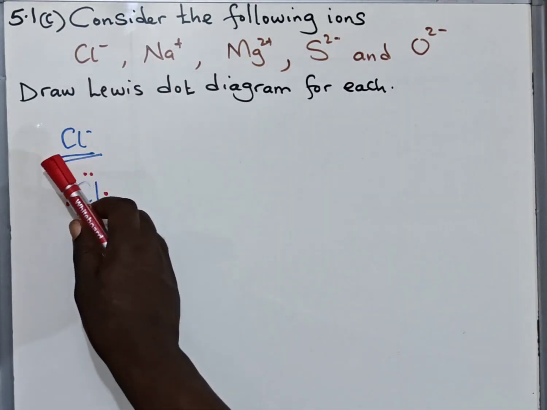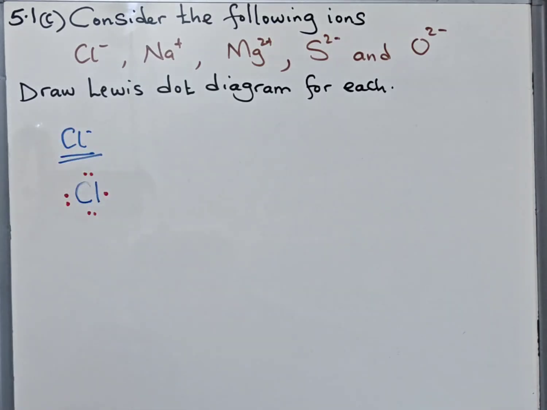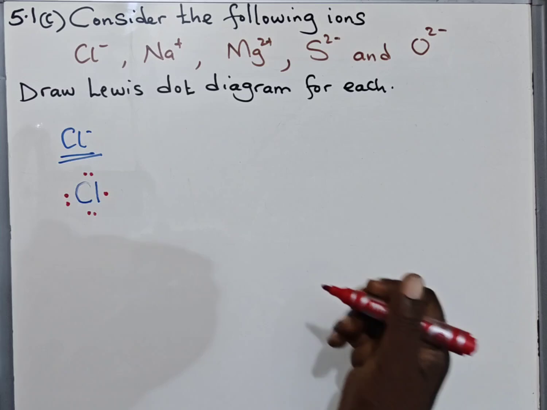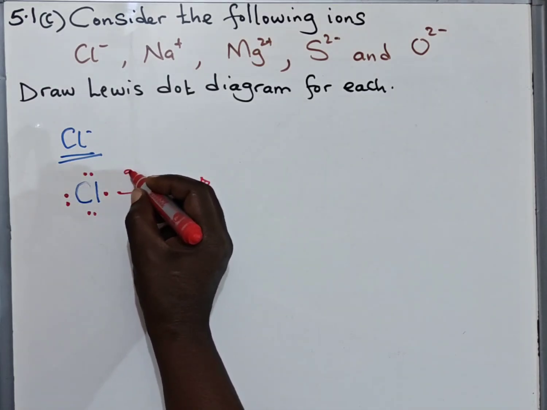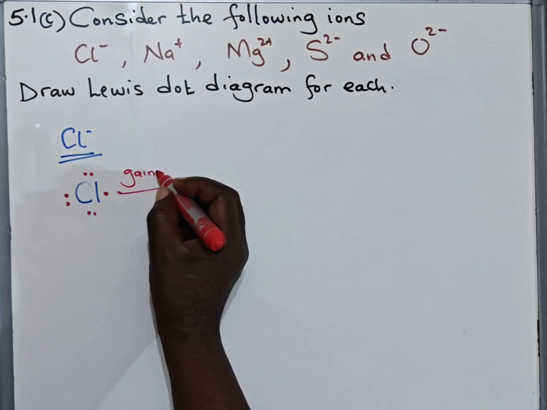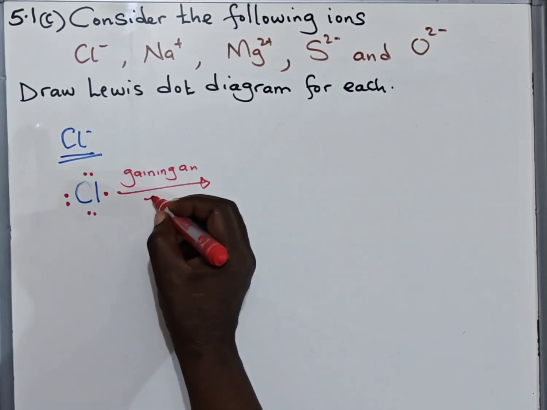Now when you look at the chloride ion, you see that it's negatively charged, implying that during the process it gained an electron. So what you are putting here is gaining an electron.